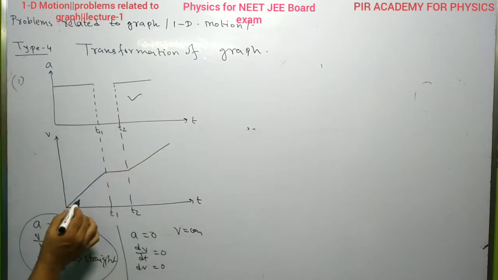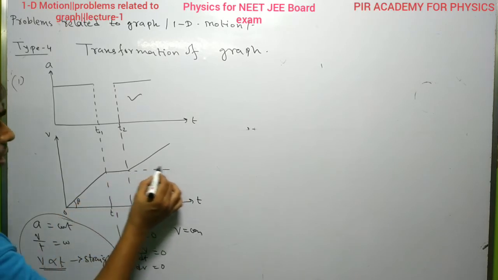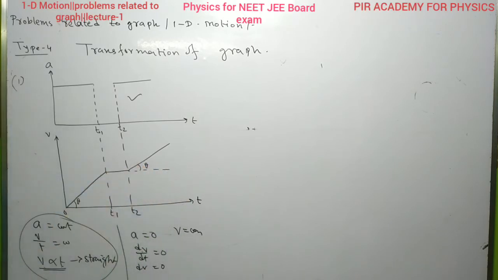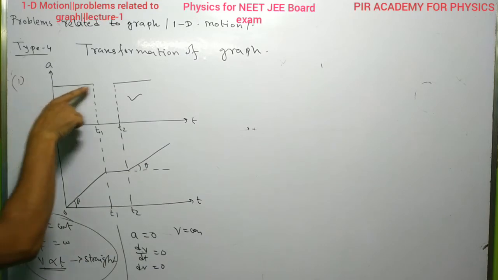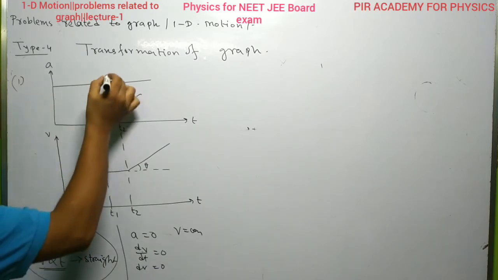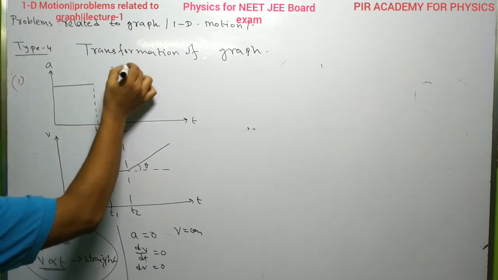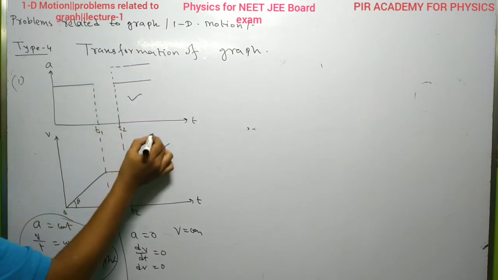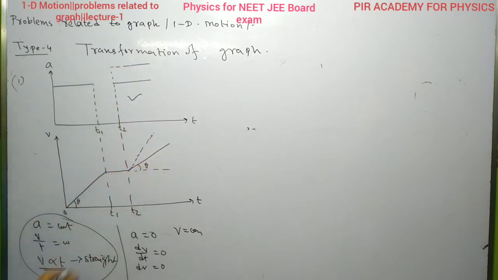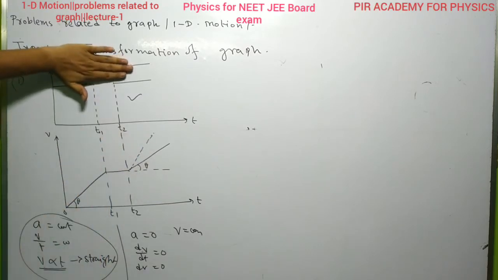Suppose this is theta and this must be theta, because this is the same. If it goes here, then the slope will be increasing. That means in this condition the slope will be increasing. This is the first condition.